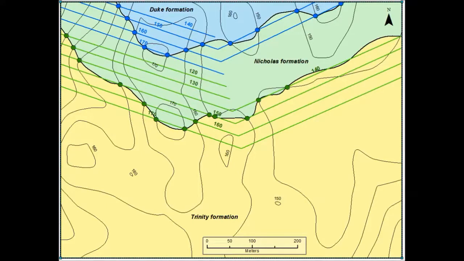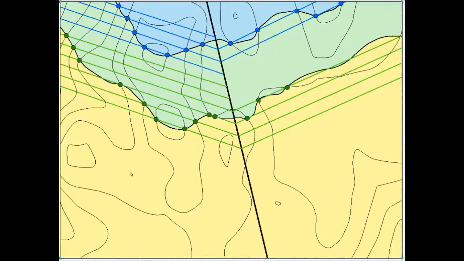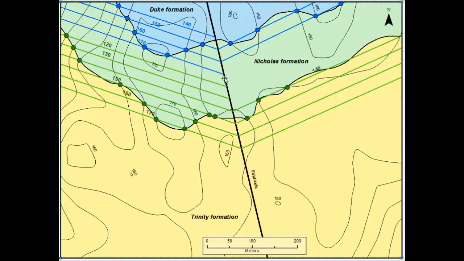So the next thing to do, which I showed you, is to draw on where our fold is. We can basically join up all of these points where our structure contours bend, and that gives us the fold axis, which we label somewhere as fold axis. Here it is. So that tells us this is the place in space that our rock units are being bent in half, somewhere.